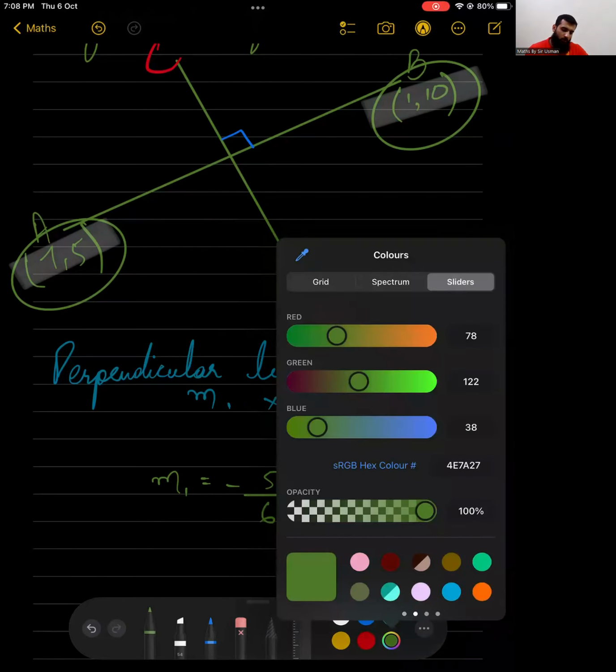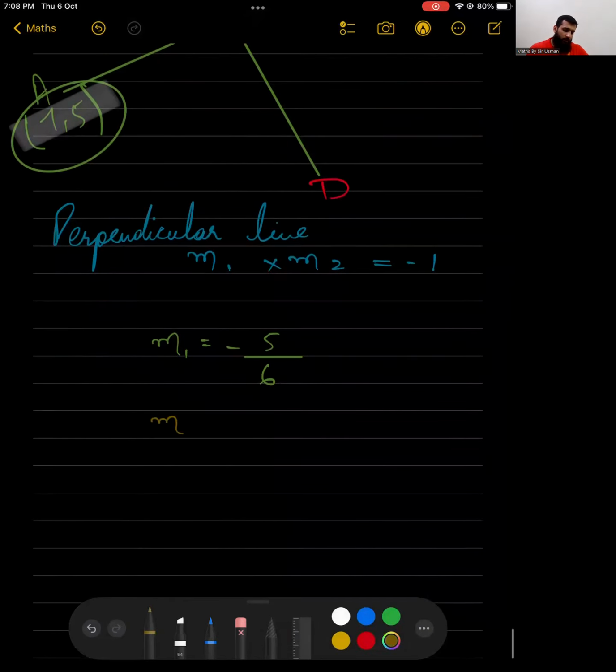Now once you are done with this, आपने M2 figure out करना है.